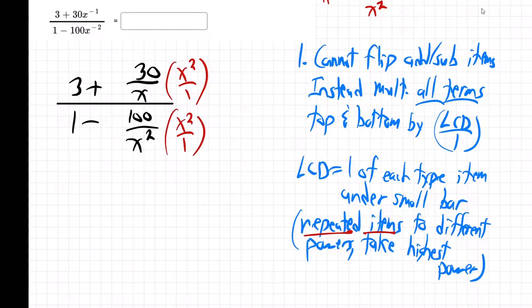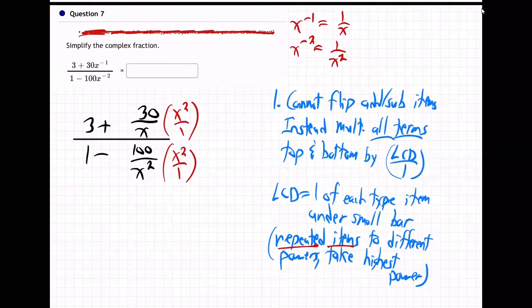There we go. And that's wrong. That's a very common mistake I see right there. I have not done what's true. What have I not done? Multiply what? All the terms top and bottom. So you got to do it over here also, and over here also. All the terms. You can't just do the fractions or something. Why?